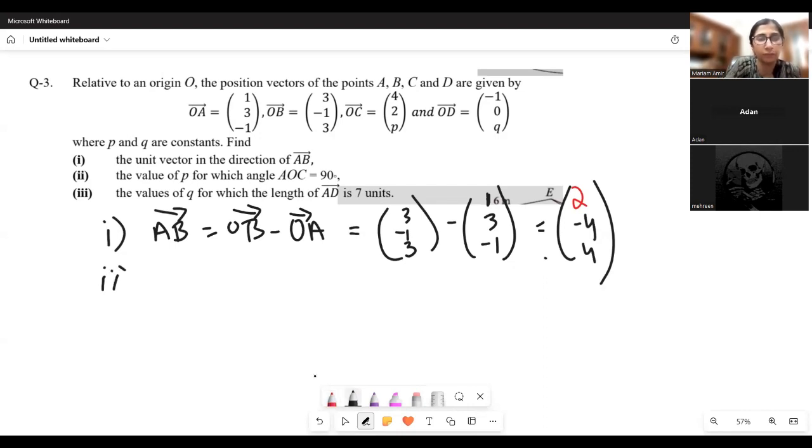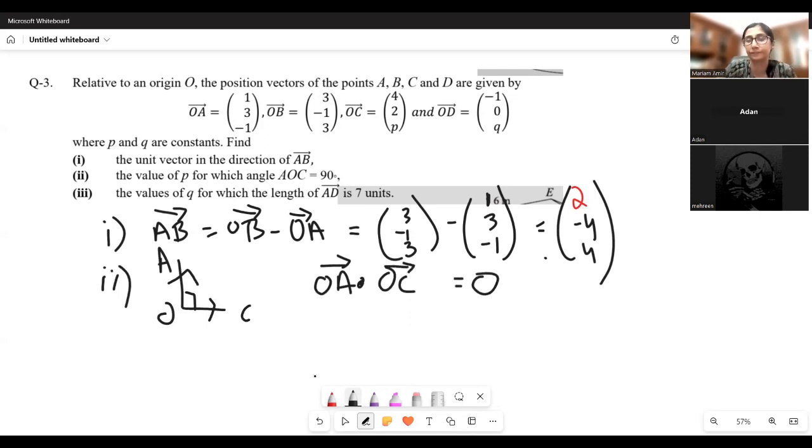Find the value of P for which angle AOC is 90 degrees. Now, when an angle is 90 degrees, that means that the dot product of OA and OC would be 0.